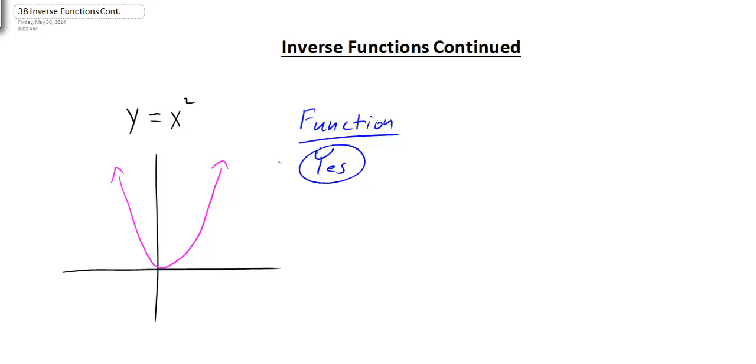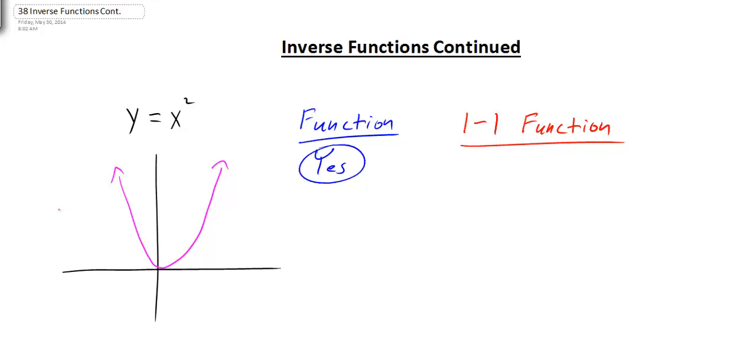Now we want to define something else here called a one-to-one function. Well, a one-to-one function means that for every x there's one and only one y, and for every y there's one and only one x. So we could use a similar technique, but instead of a vertical line test, we can use a horizontal line test.